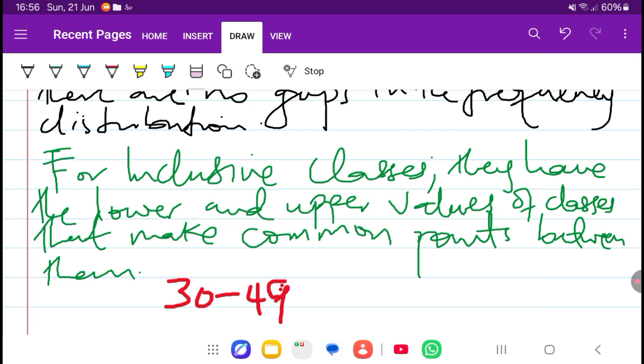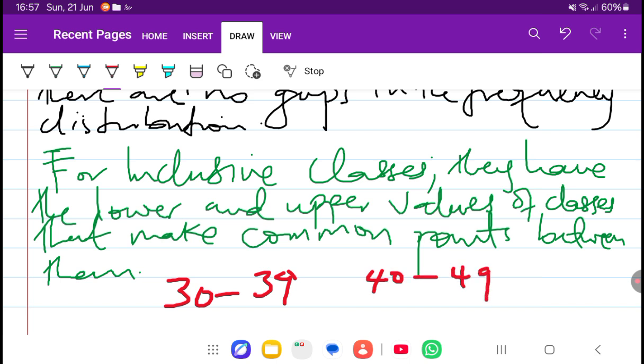Let's just use a small class interval: 30 to 39, then 40 to 49.